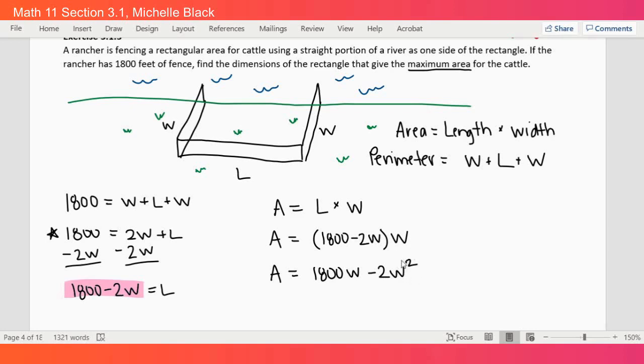Well, this power of 2 tells me that what I have here is a quadratic. I can think of this as a function A of w, so w is like my x value, and the highest power of x I have is 2, which means that this is a parabola. If I rewrite and rearrange the order, maybe now it'll look even more like our normal quadratic function.